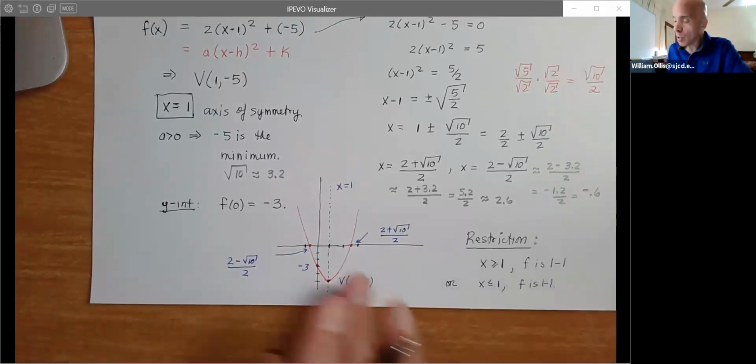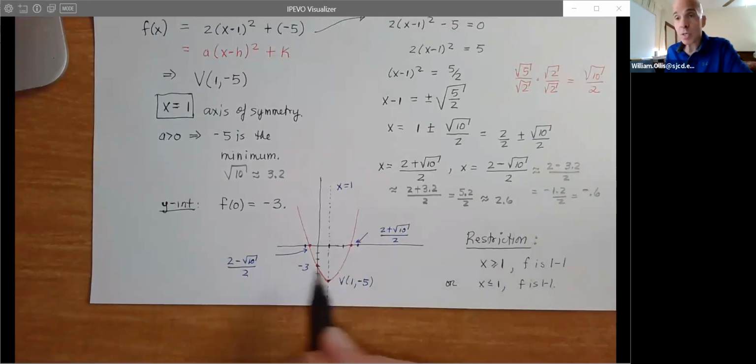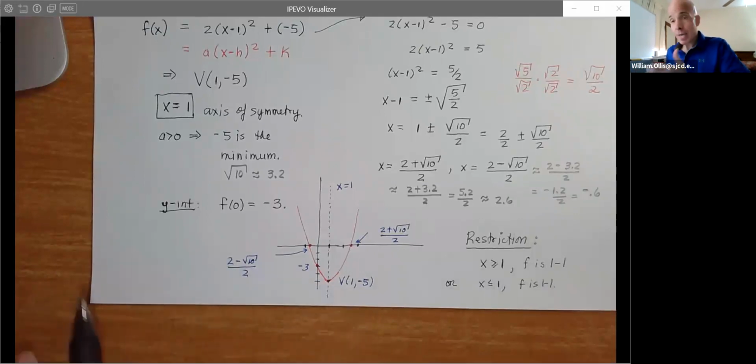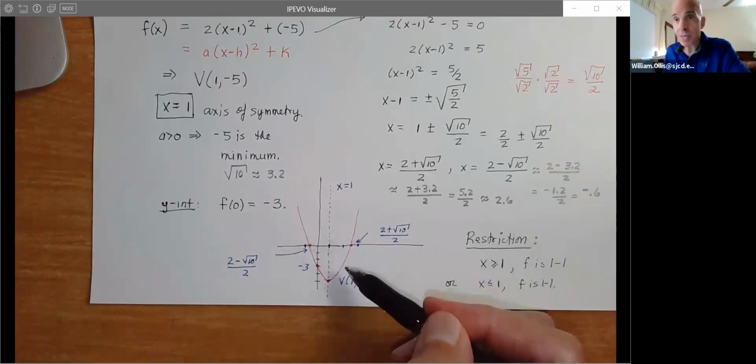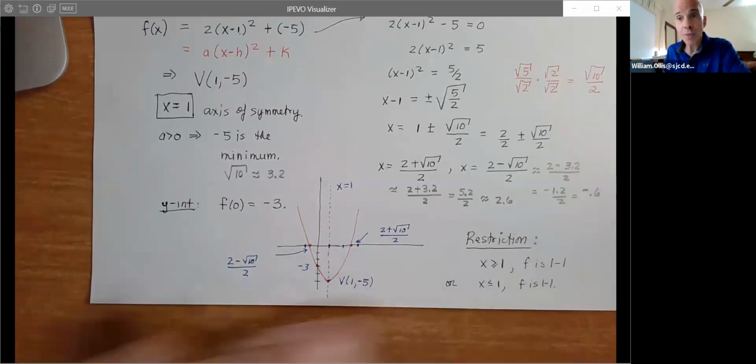So you can make up your own models, and you can restrict as you like using the vertex. The vertex will just give you the axis of symmetry, the h. And if you go on one side of the h or the other side of the h, you get either of these branches. And these branches, as we know, are 1 to 1. We saw that in the problem that we did with the 1 to 1 functions.